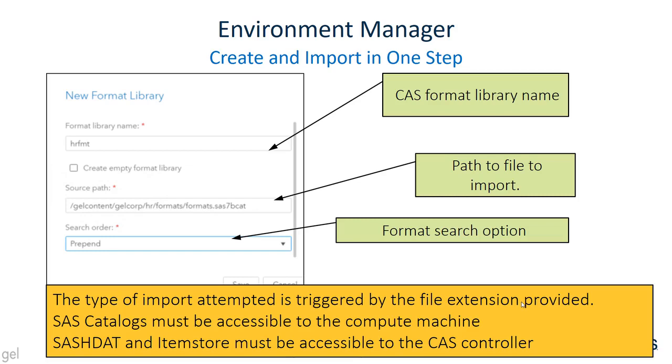One thing I want to mention is that one of the options under search order is replace. That's a very dangerous option to put here. If I put prepend, it's just going to put this format library at the start of the existing search path. That's fine, it's just going to change the search path. If I put append, it's going to put this format library at the end of the search path.